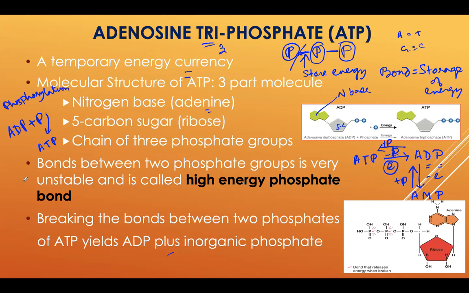And when a compound loses one phosphate group, that is called dephosphorylation. These are two very, very important terms: phosphorylation, addition of a phosphate group, and dephosphorylation, removal of a phosphate group from any element.